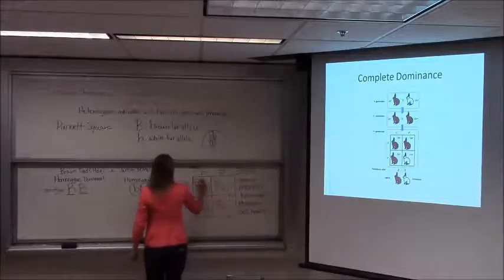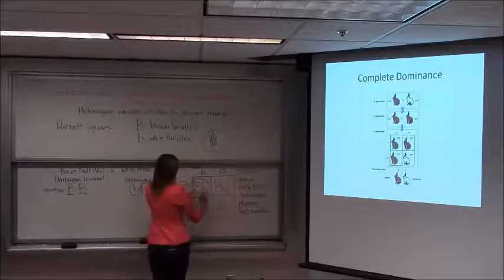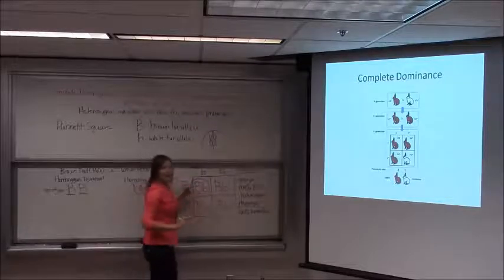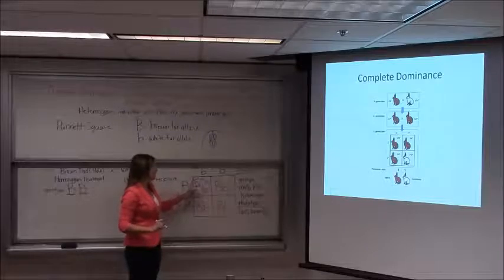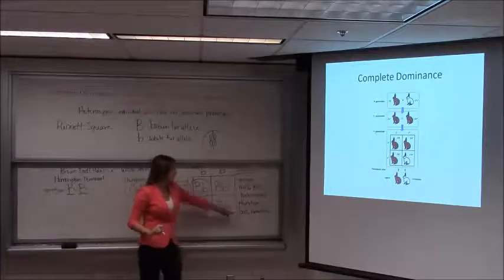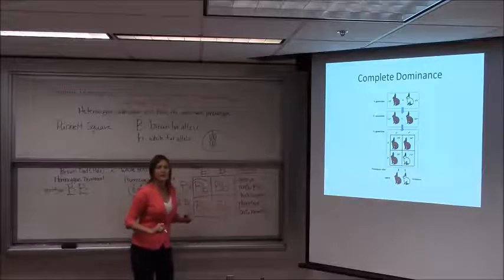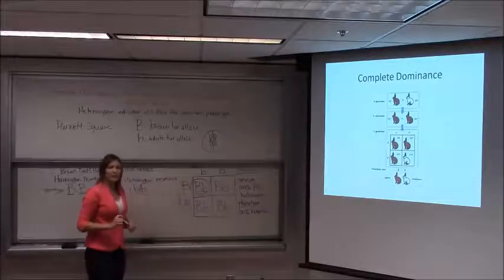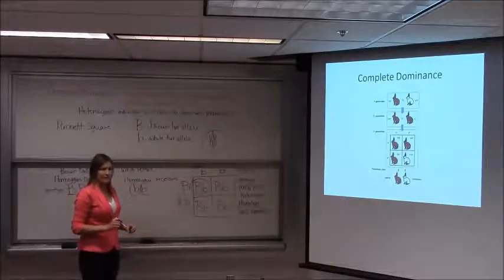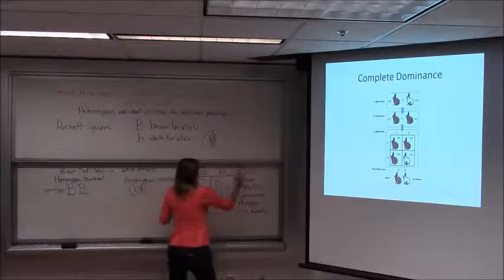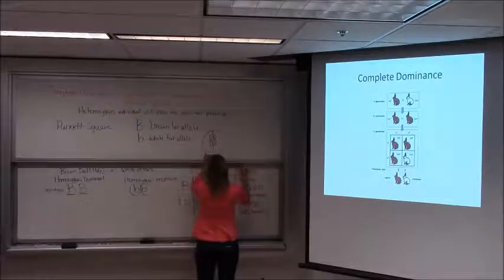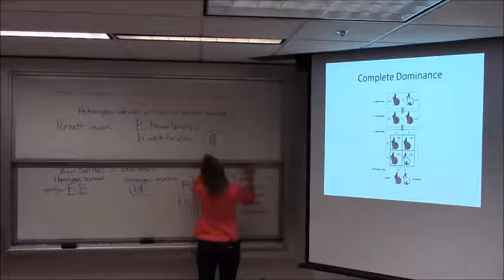So in a heterozygous individual, if they have the dominant phenotype, then we're looking at a story of complete dominance. This would be called the F1 generation. So F1 offspring, F1 generation offspring.